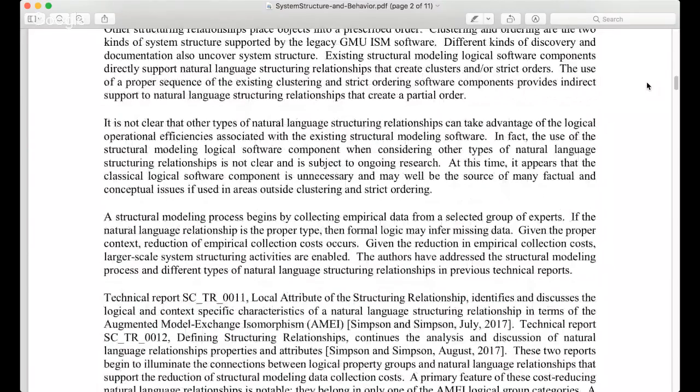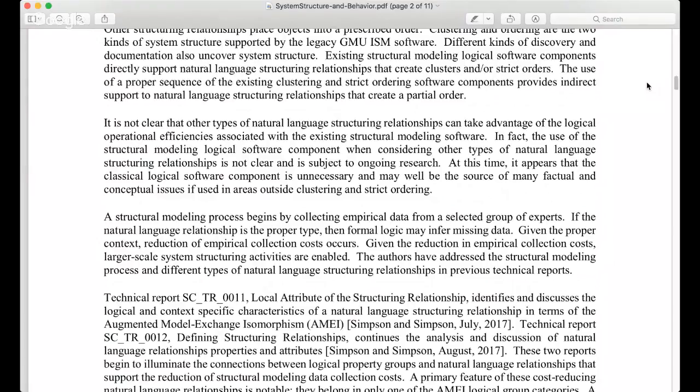So we've definitely identified that the clustering and the strict order can take advantage of the logical operations efficiencies. But it's not really clear what other types of natural language approaches can do the same thing.